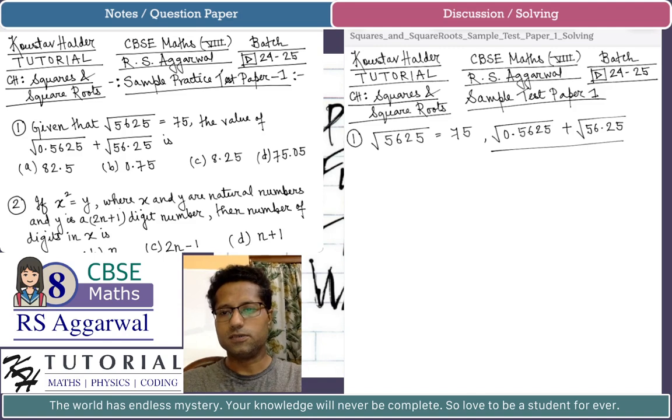So the value that we have to find, we can rewrite as square root of 0.5625.